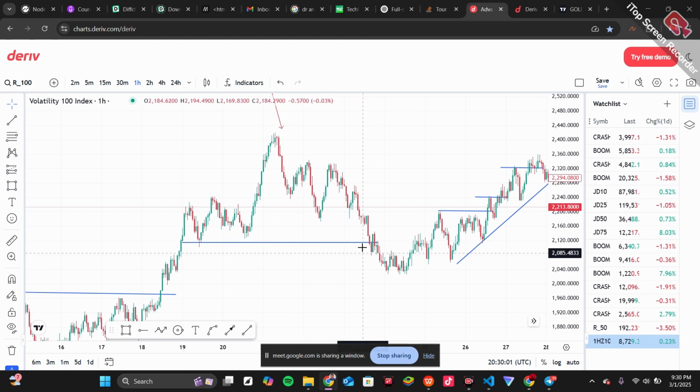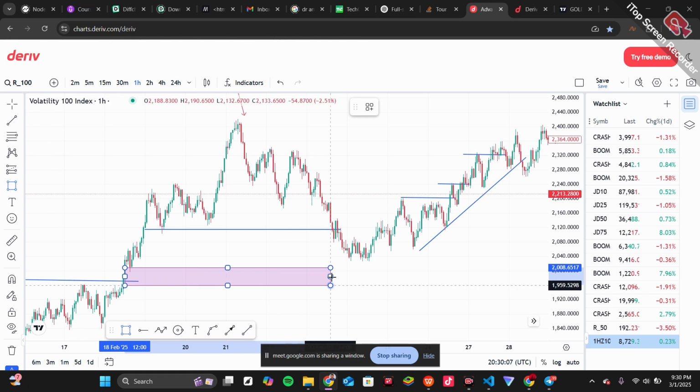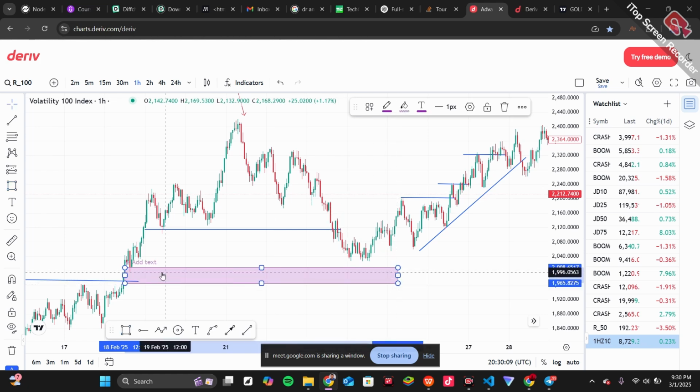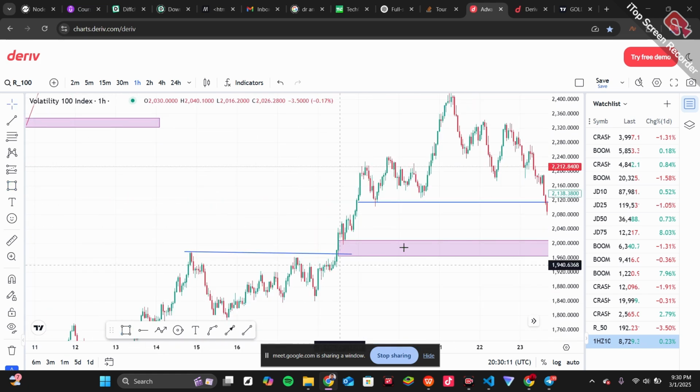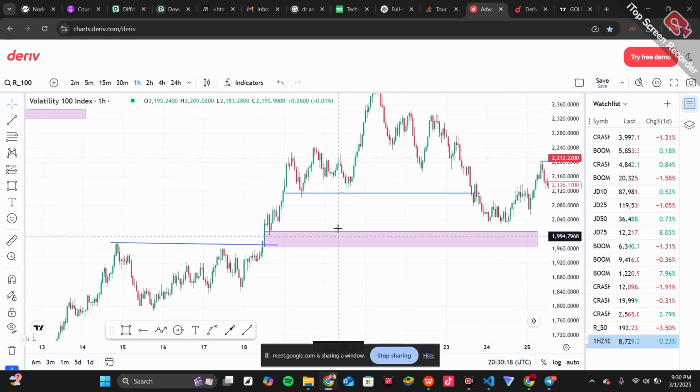So after liquidity has been taken out, price will look for the nearest what? Nearest demand zone here. You can see that this is a clear demand zone, a clear order block here, because we saw price break out from this zone, creating an order block.